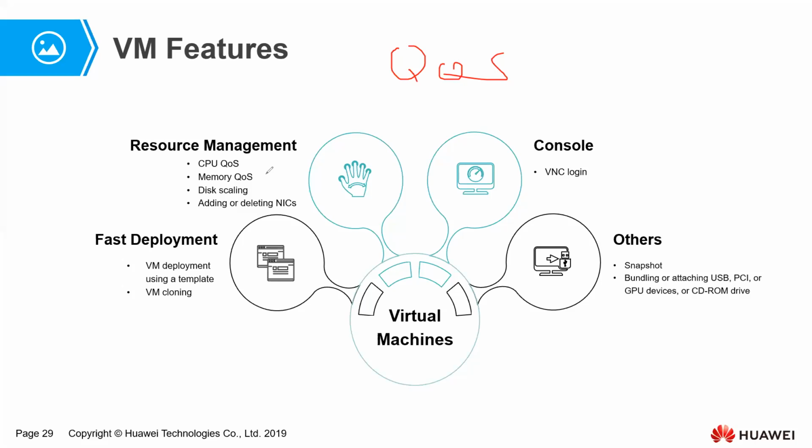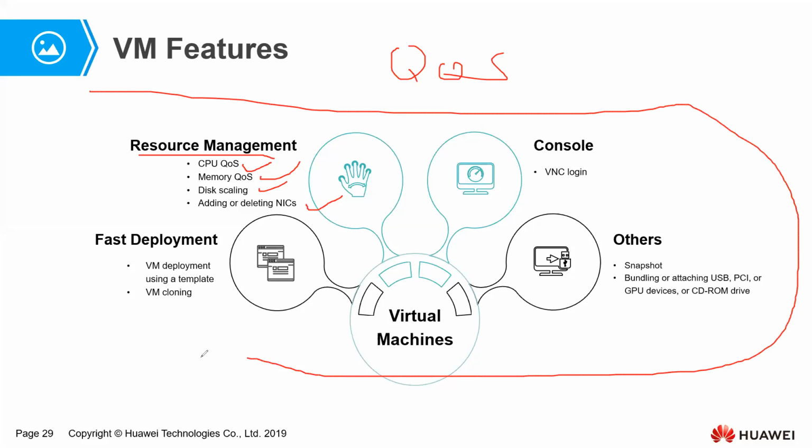We've been talking about quality of service, and we have resource management, where we manage our CPU cost, memory cost, disk scaling, and adding or deleting network interface cards. These are some of the virtual machine features we have already looked at. We also have fast deployment, which we discussed already, and our VNC login, which we said we don't necessarily need to configure an IP for, as long as we know the IP of the host.